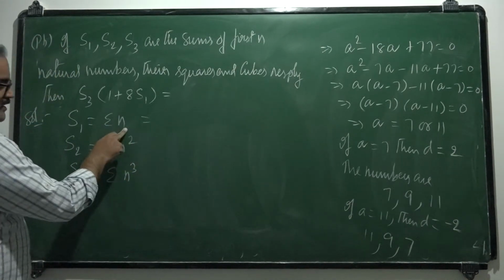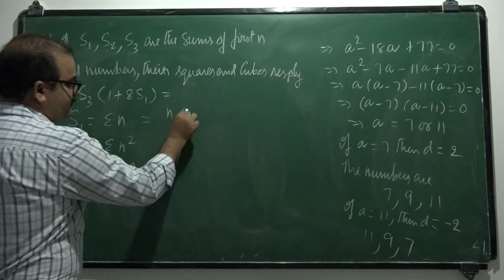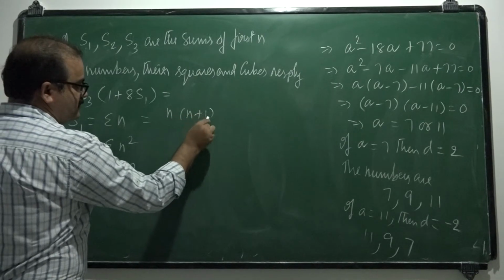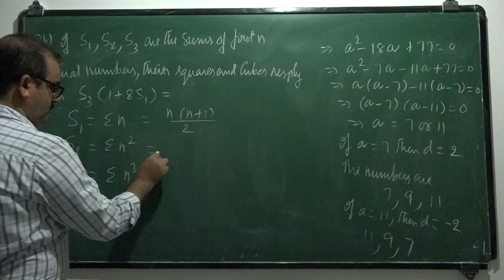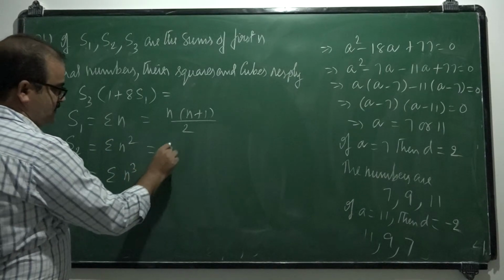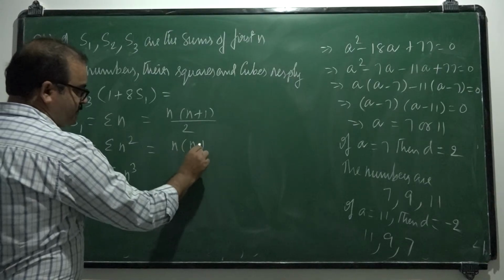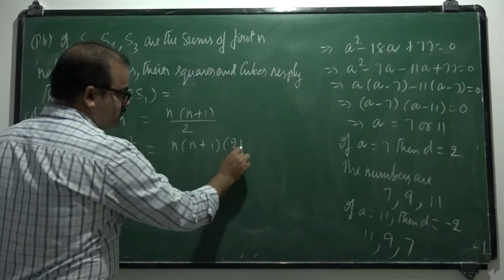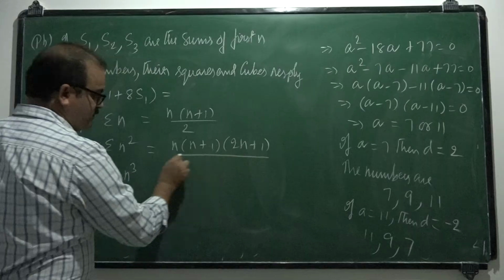Sum of the first n numbers, n into n plus 1 by 2. Sum of the squares of first n numbers, that is n into n plus 1 into 2n plus 1 by 6.